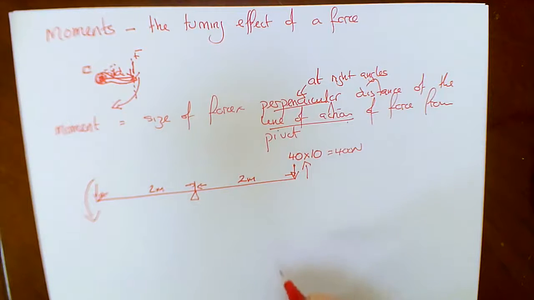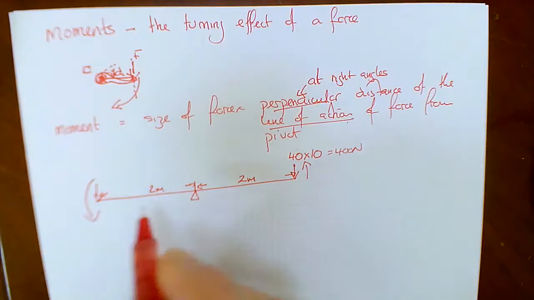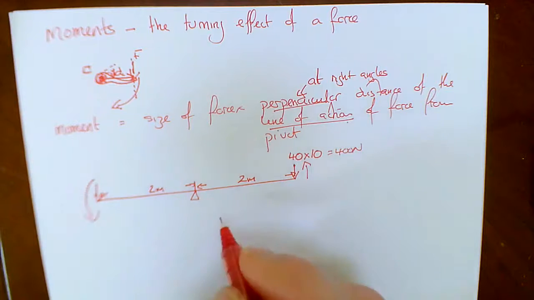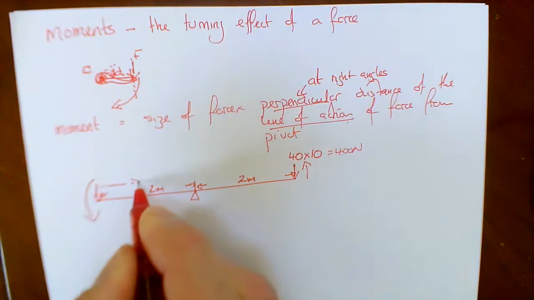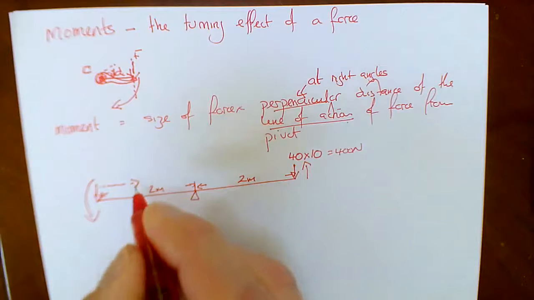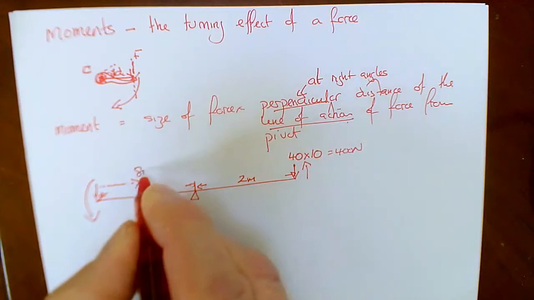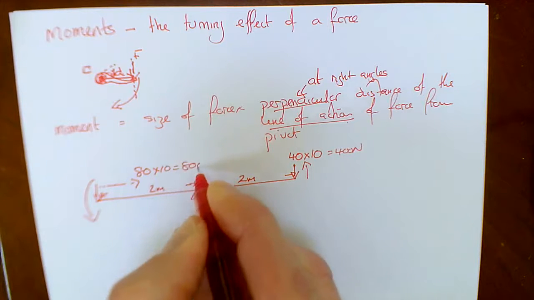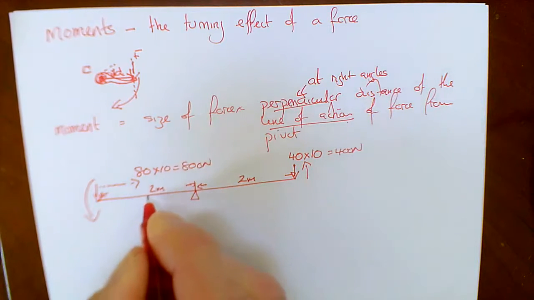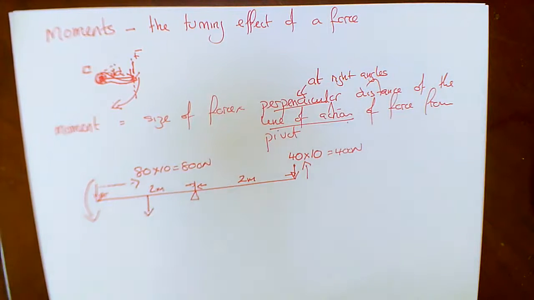So to balance it, I'd have to sit nearer. My turning effect over here is too great, so I have to move in a bit. So let's say that I have a mass of 80 kilograms. So roughly speaking, that's 800 newtons. Here.